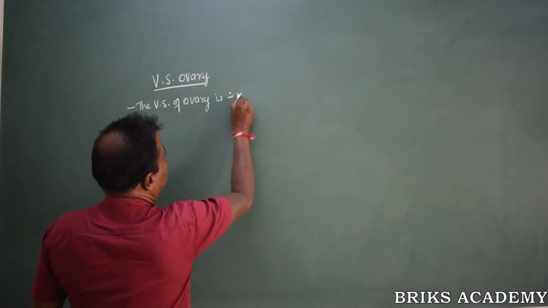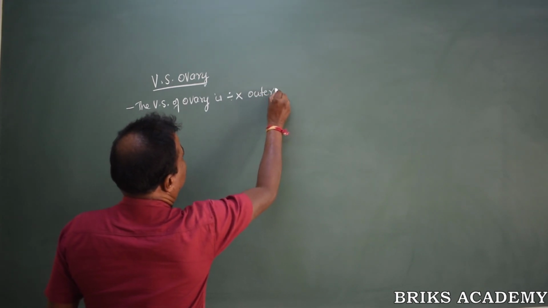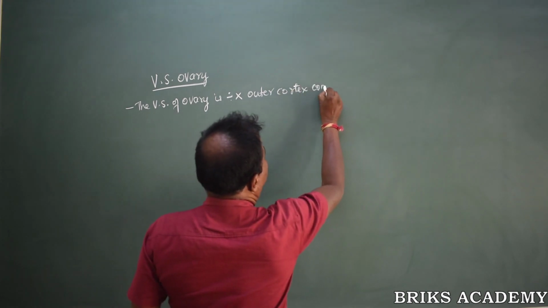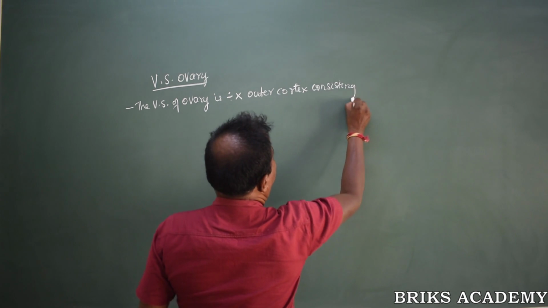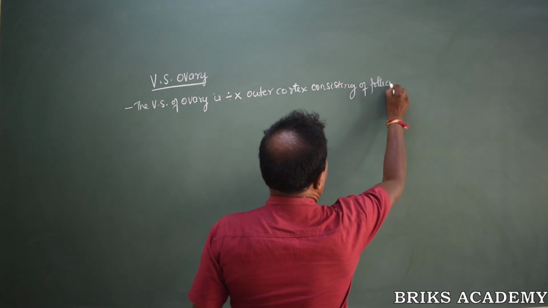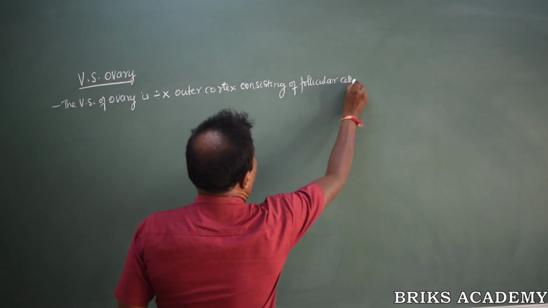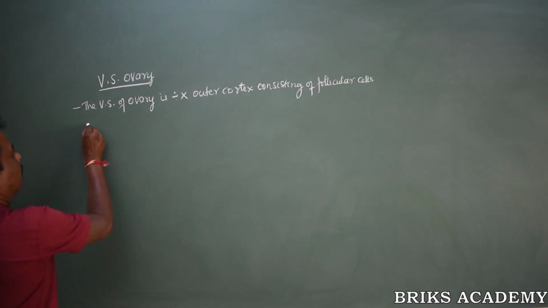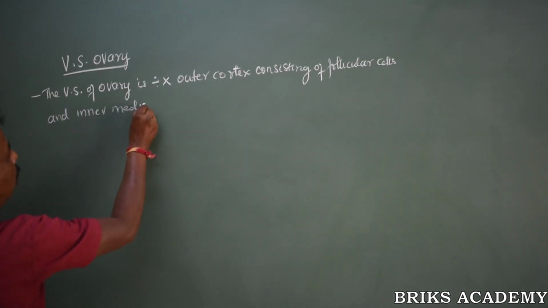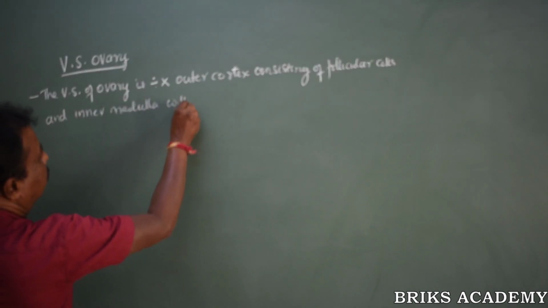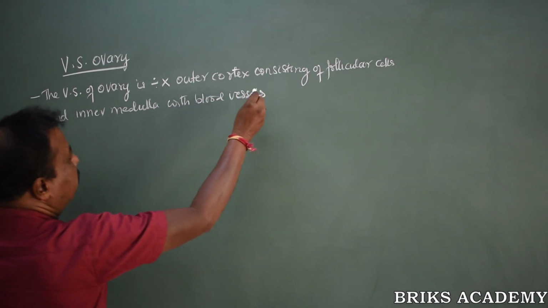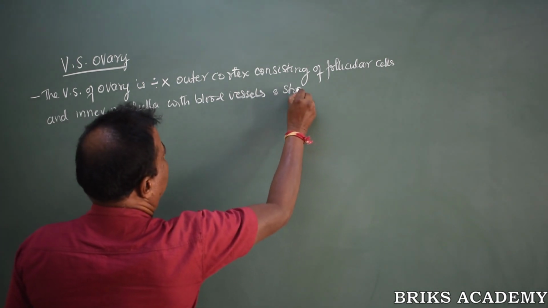is divided into outer cortex consisting of follicular cells and inner medulla with blood vessels and stroma.